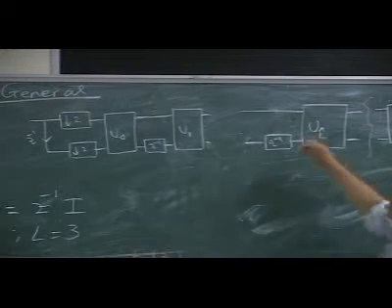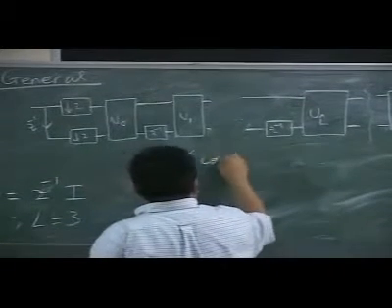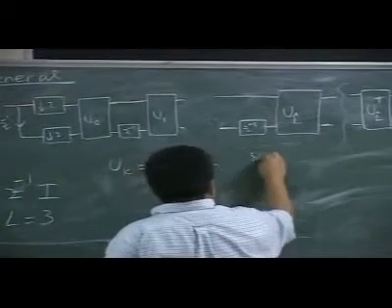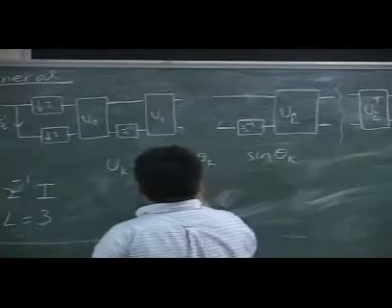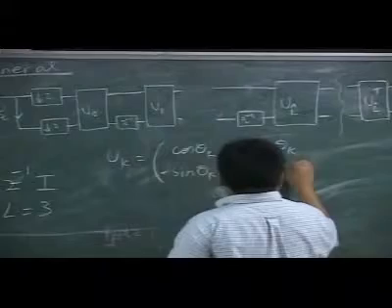So U_k is cosine theta k, sine theta k, minus sine theta k, cosine theta k.